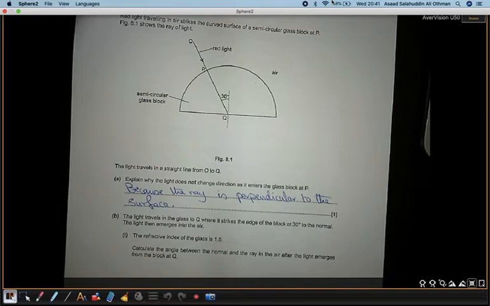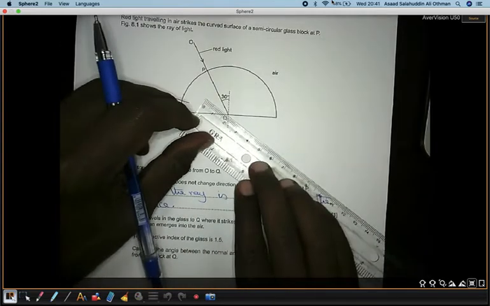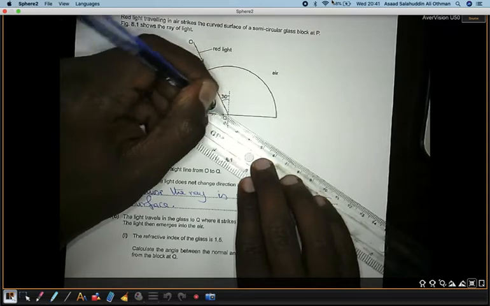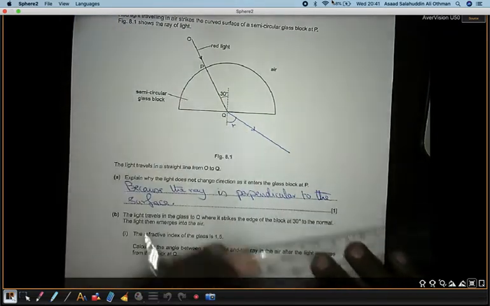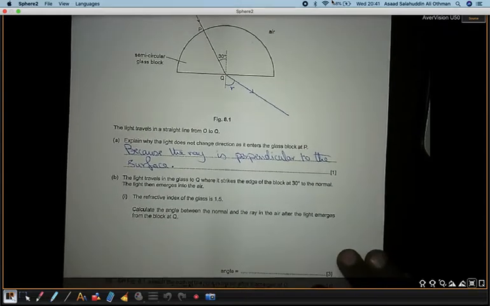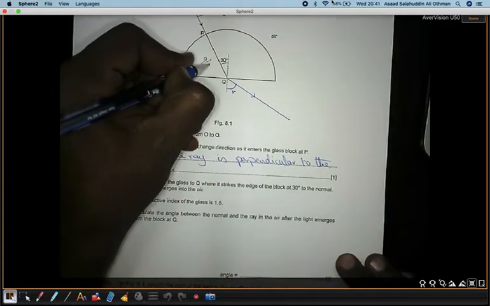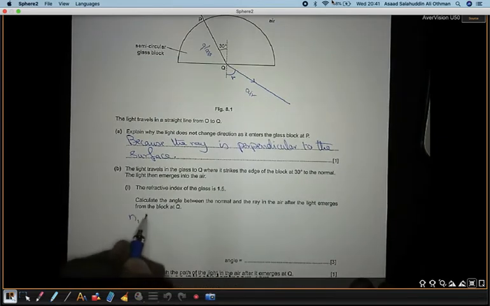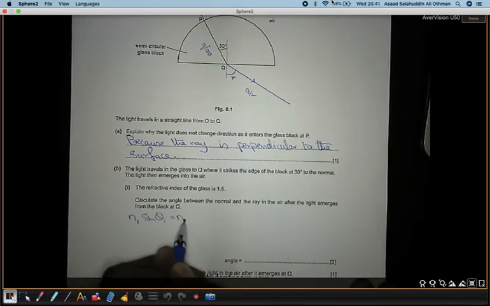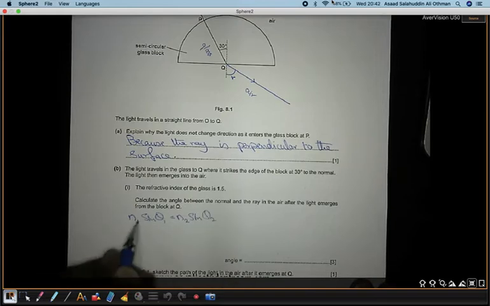The refractive index of glass is 1.5. Calculate the angle between the normal and the ray after it emerges. So the ray after it emerges would do something like that, away from the normal, right? This is how it's going to look, and this is the R that you're trying to find. Now remember, it's moving from glass to air. So when you use the rule, N1 sine theta 1 equals N2 sine theta 2, N1 would be glass, because it's in glass right now.